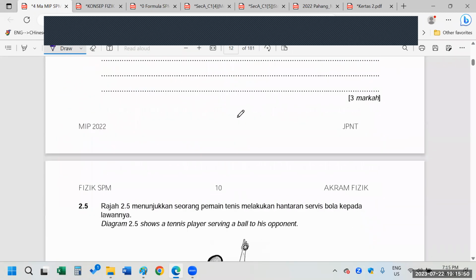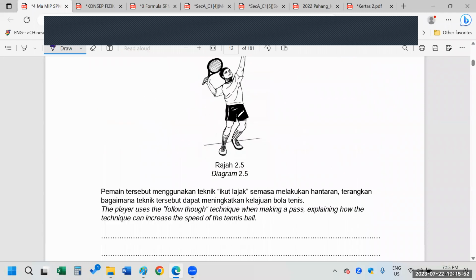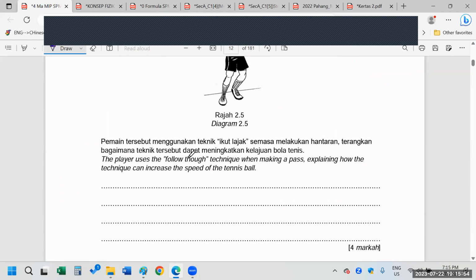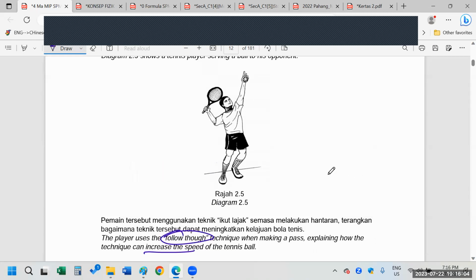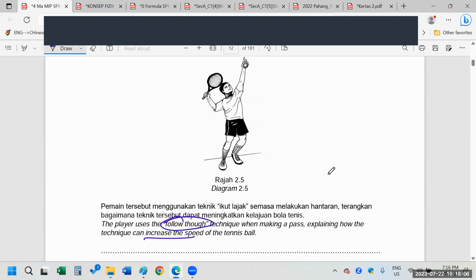Alright, so now this one is inertia, this one is the follow through technique. How can the follow through technique increase the speed of the tennis ball? So what is follow through actually? Actually you increase the momentum, mv minus mu, so you are increasing impulse.